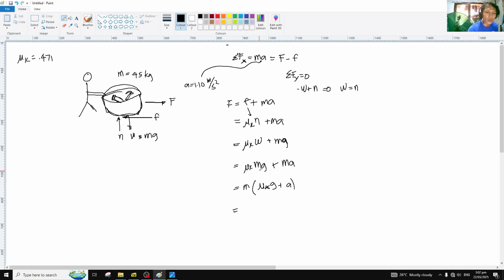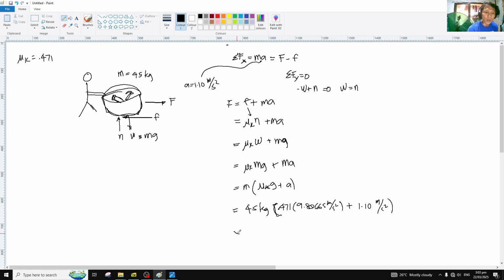So we can substitute. Mass is 45 kilograms. Then you have mu k, which is 0.471, and then you have 9.80665 meters per second squared, plus your 1.10 meters per second squared.